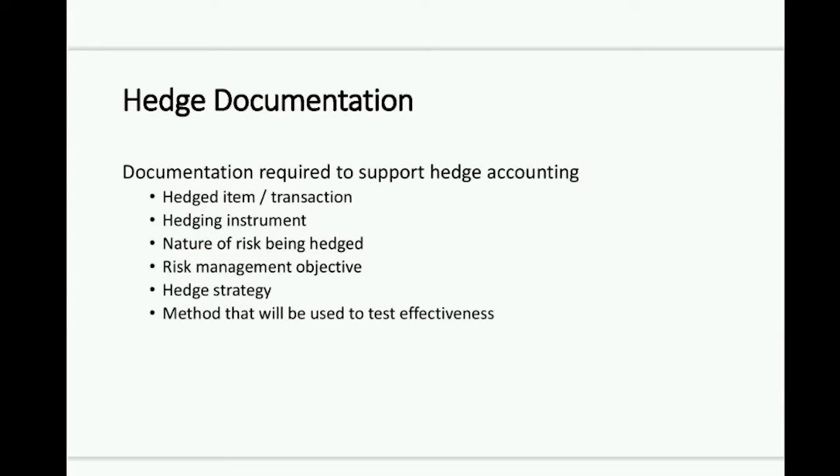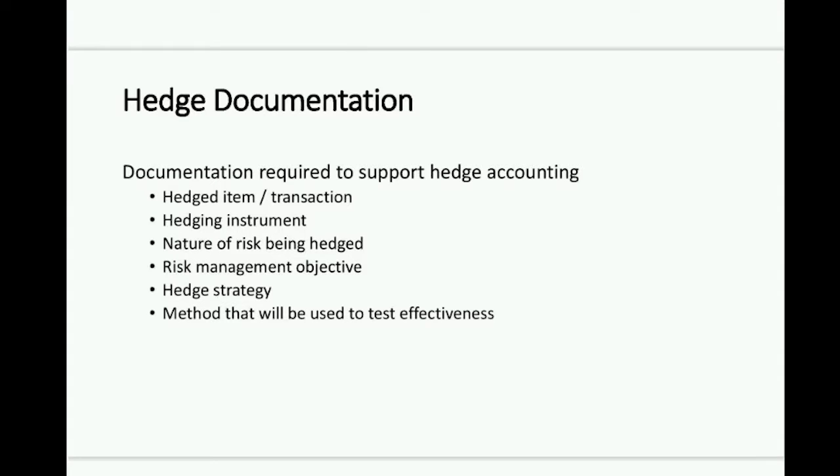So with that said, in terms of hedge documentation that an entity needs to have, and again, just to remind you, this is largely a recap of what you should already be aware of in terms of IAS 39. You need documentation of your hedge, which means you need to document what exactly it is that you're hedging. So what is the transaction or the asset or the liability or the firm commitment?